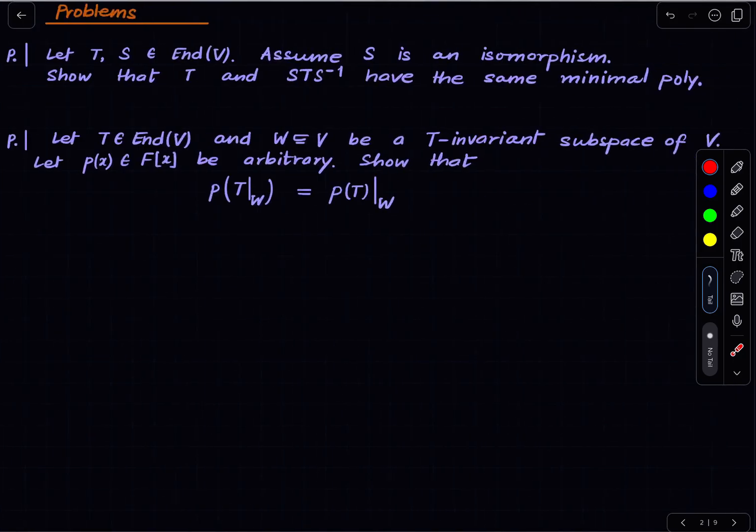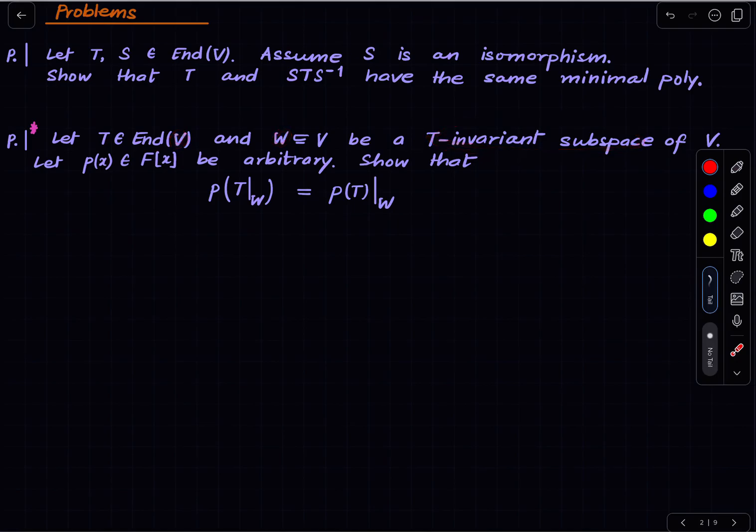Here are some problems for practice. This one I should mark as star because I'm going to use it. This is not hard, but I'm going to use it. It says something very simple. Suppose we have an endomorphism T on a vector space V and W is a T invariant subspace.